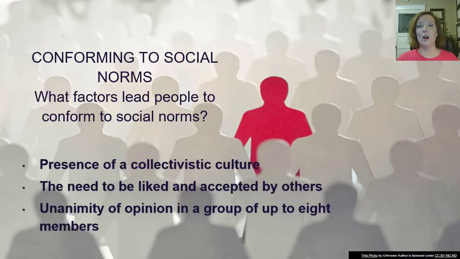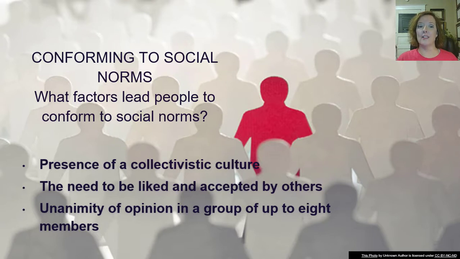So when we're talking about conforming, what factors actually lead people to conform to social norms? You've got a couple of factors going on here. Here are some of the big ones. There is a presence of a collectivistic culture. So people who live in a culture that stresses collectivism versus individuality are going to be more likely to conform to social norms.